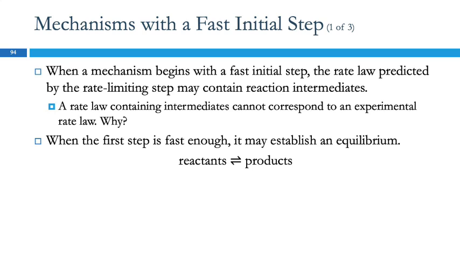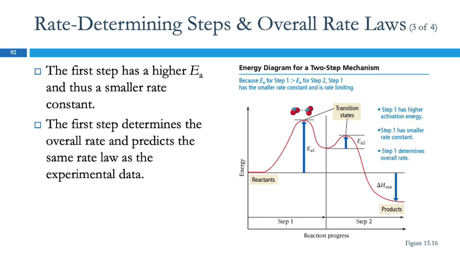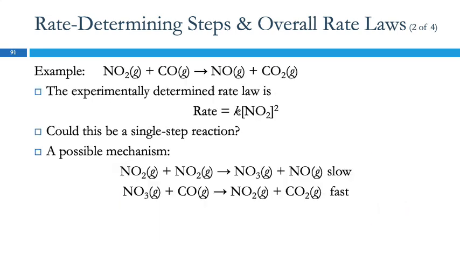So that was a mechanism that had a slow step at the beginning. What if the first step is fast and the slow step comes somewhere later? Well, if that happens, then the rate law predicted by the rate-limiting step might have some reaction intermediates in it. All right, let's just go back to this one real quick. If this was the slow step, what rate law would we predict?